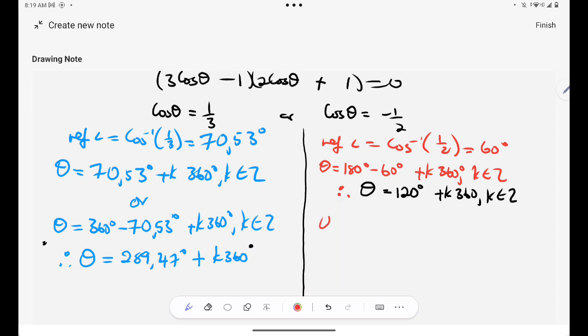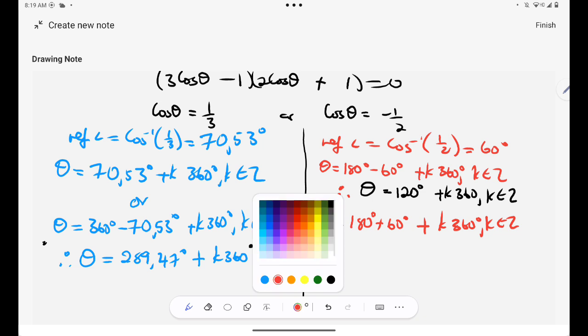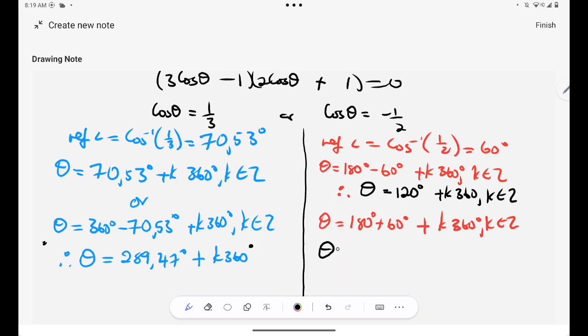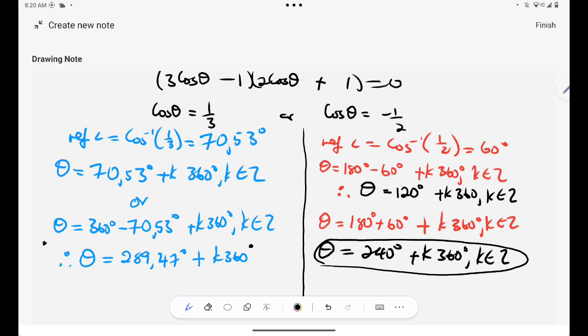Then in the third quadrant, I'll write it as 180 degrees plus 60, and then we still add our k360, where k is an integer. So this will give me 240 plus k 360, where k is an integer. So these are my solutions for that question.